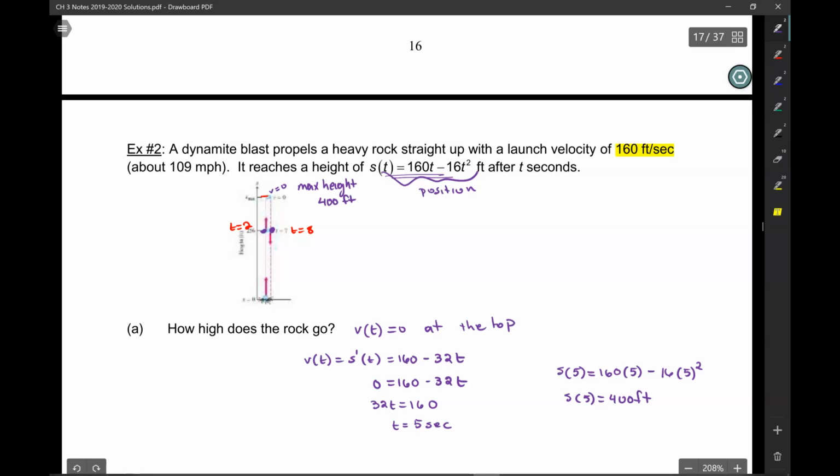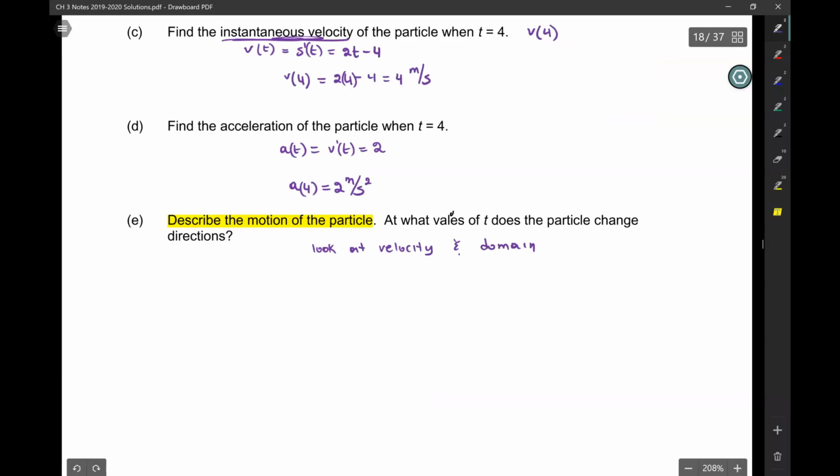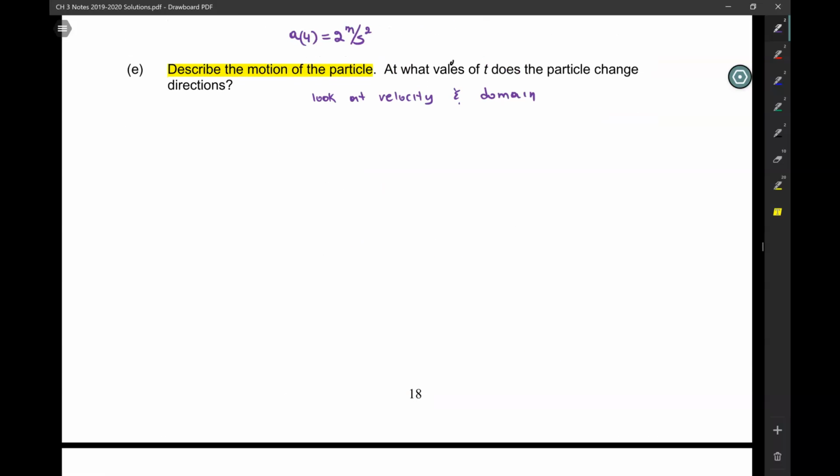Okay, so my V of t was what? 2t minus 4. So now I want the time, or times, depending on the function, when the velocity was 0. So in this case, t is equal to 2. Okay.